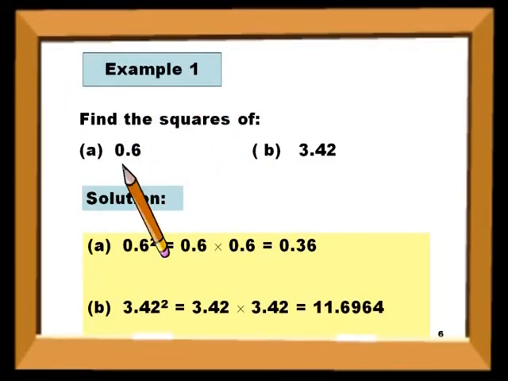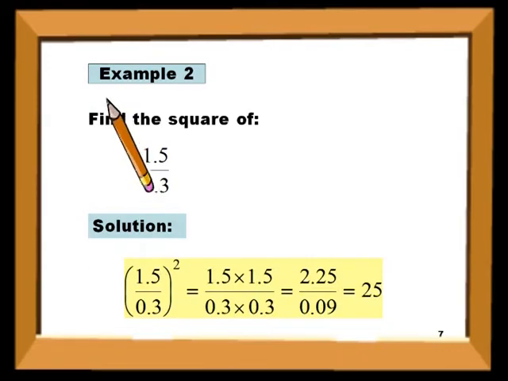Example 1. Find the squares of A, 0.6, B, 3.42. Solution. A, 0.6 squared is equal to 0.6 multiplied by 0.6 equals 0.36. B, 3.42 squared is equal to 3.42 multiplied by 3.42 equals 11.6964.